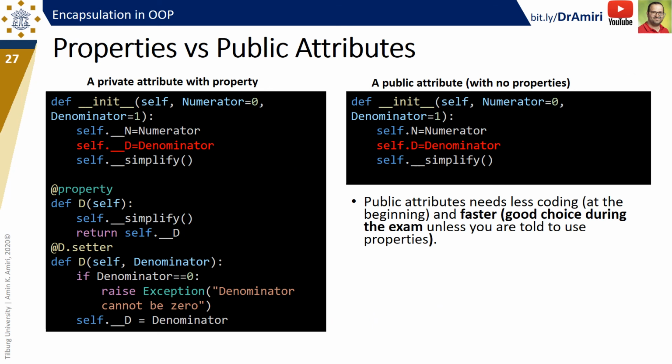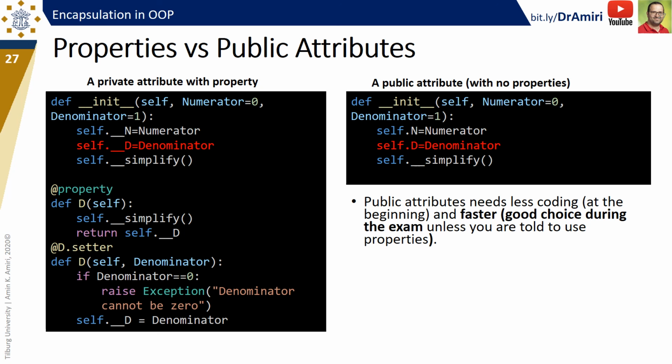So this is the difference between having a private attribute with property and a public attribute without any properties. You can see that here we have a private D on the left and a public D on the right. The great thing about public attributes is that you need less coding, as is completely obvious here, and it's faster.